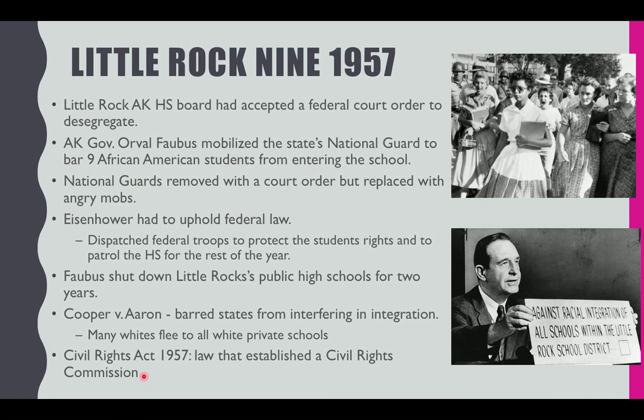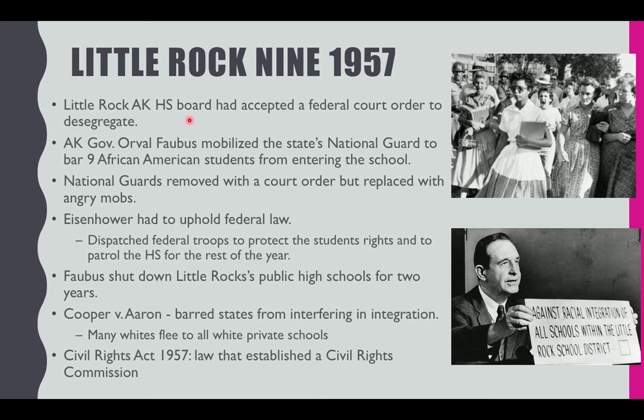Another big piece of the civil rights movement was the Little Rock Nine in 1957. So we just talked about Brown v. Board. That case said we've got to desegregate schools with all deliberate speed. Well, that didn't give a date to do it by. That didn't say how long schools had. So you see schools taking a very long time, especially in Little Rock, Arkansas.